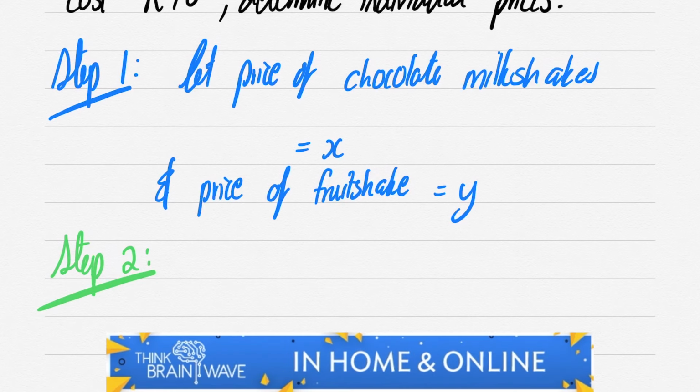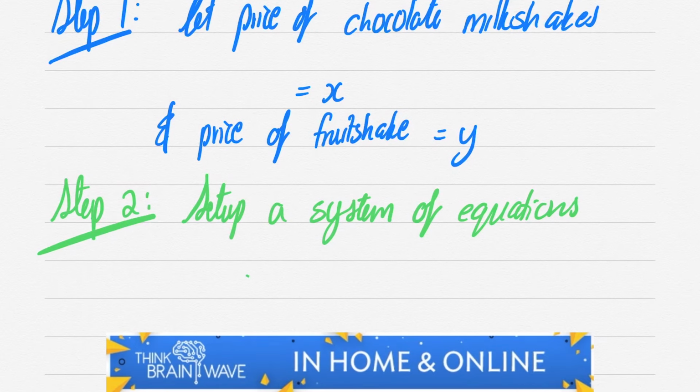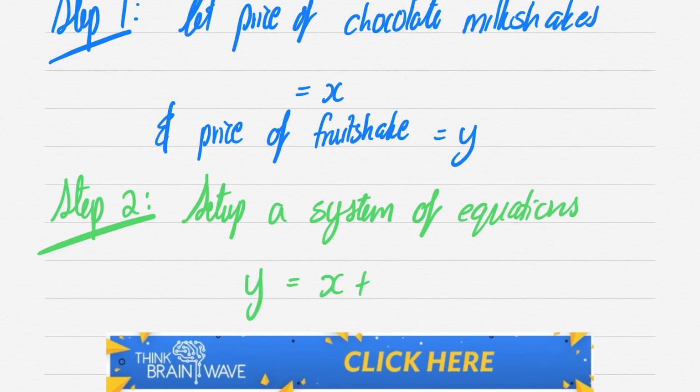In step 2, we look a little bit further and set up a set of equations. We've got our basic variables set up. So Y is equal to X plus 2. The price of fruit shakes is Y, the price of chocolate milkshakes is X, and you add 2 to the X to get the price of a fruit shake.